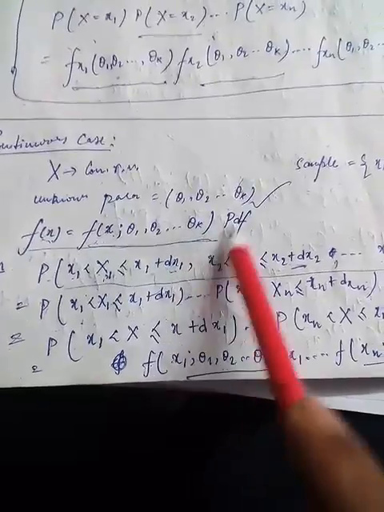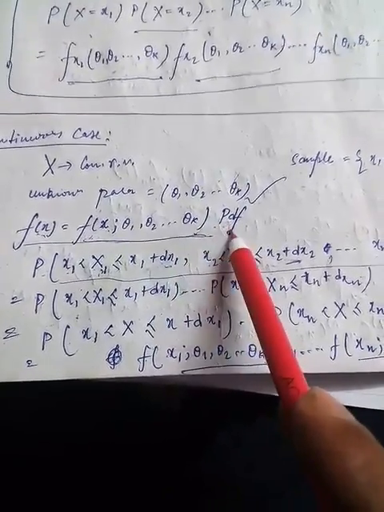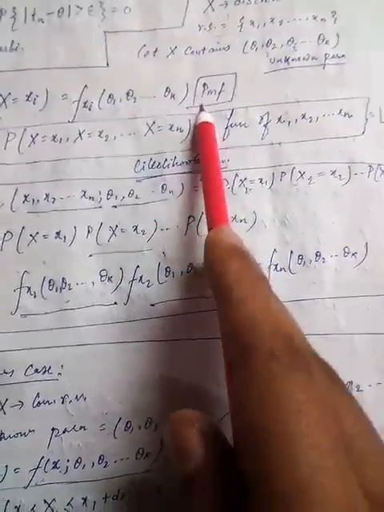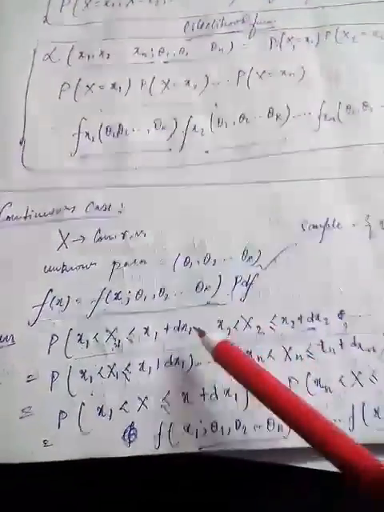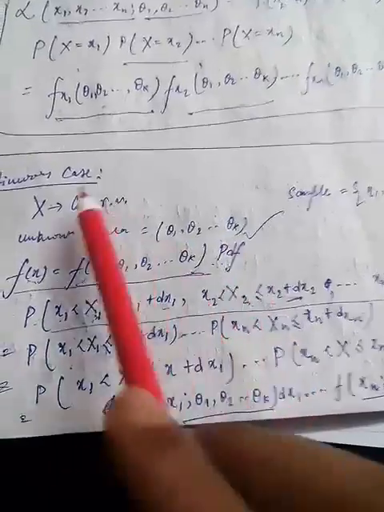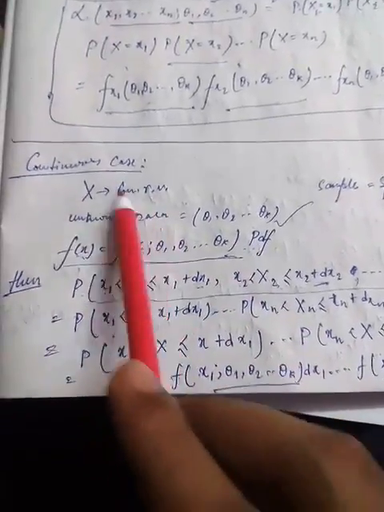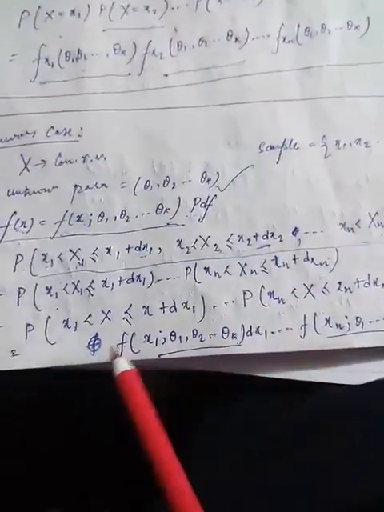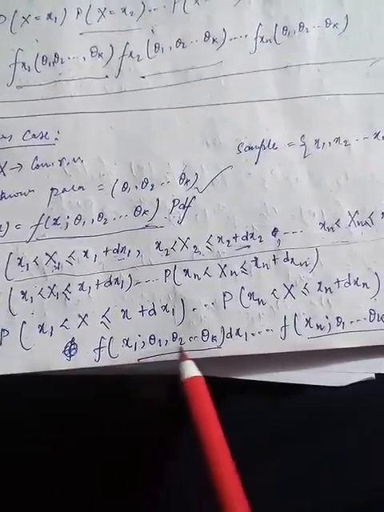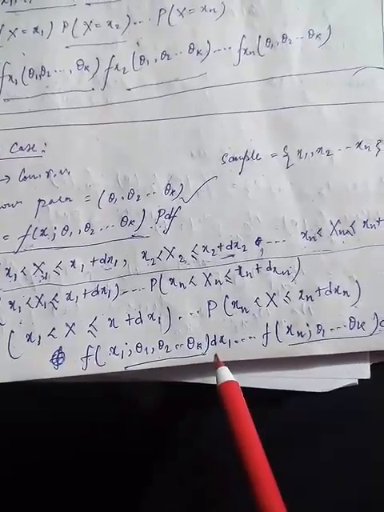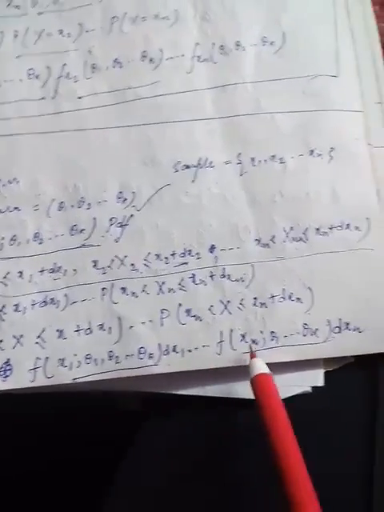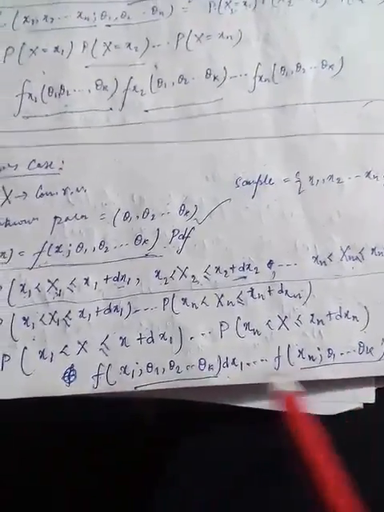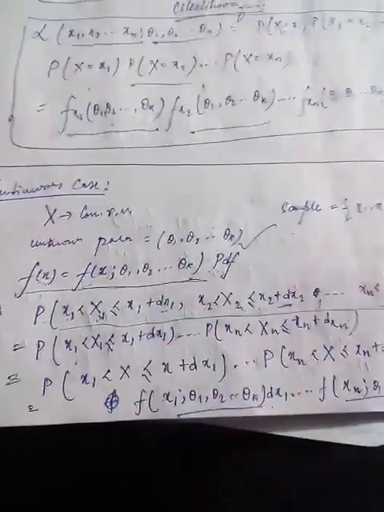This will be the PDF, the probability density function, and in the earlier case we had the PMF, the probability mass function. These two things should be remembered well. So it will be the function of this into dx1, and likewise the others into dx. So this will be the likelihood function for the continuous case. So thanks.